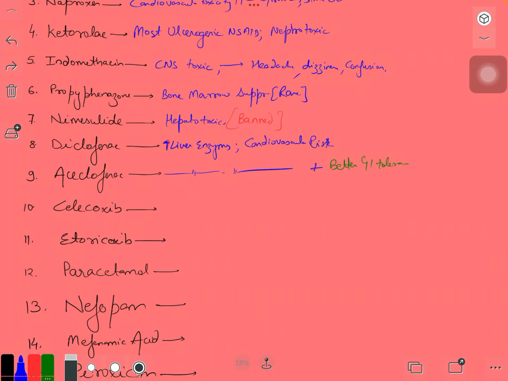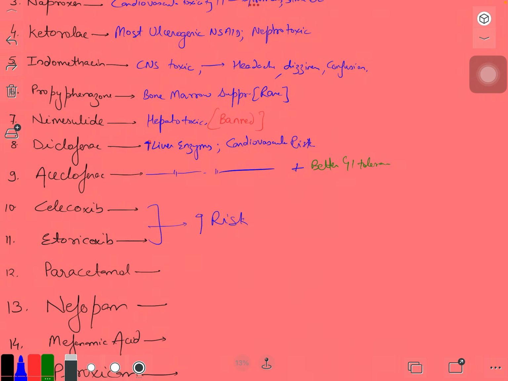Number 10 is celecoxib. Celecoxib and etoricoxib we will do together. Both have higher risk. Though they have the lowest risk among the NSAID group of causing GI bleed, they still have a higher risk for thrombosis.